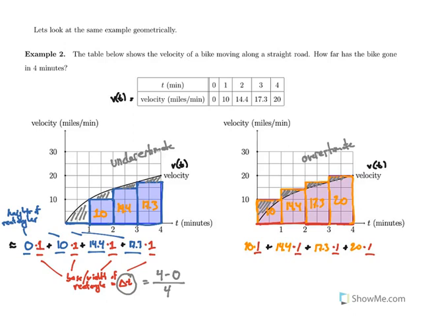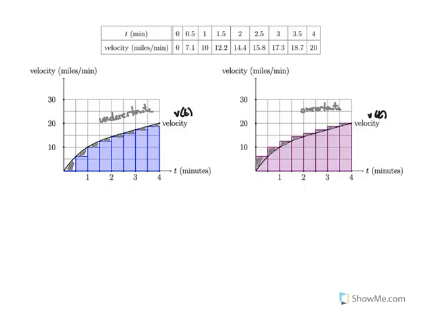And our a was 0, b was 4, and that gave us a delta t of 1. In our next example, a is 0, b is 4, but this time we have 8 intervals that we're looking at. So then each time interval was 0.5 or half a minute.